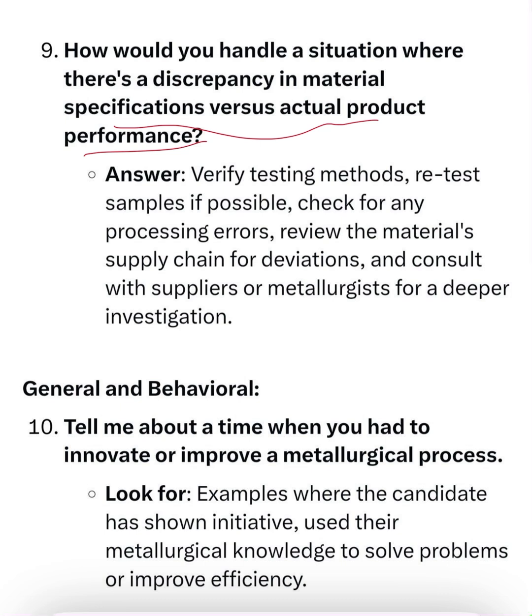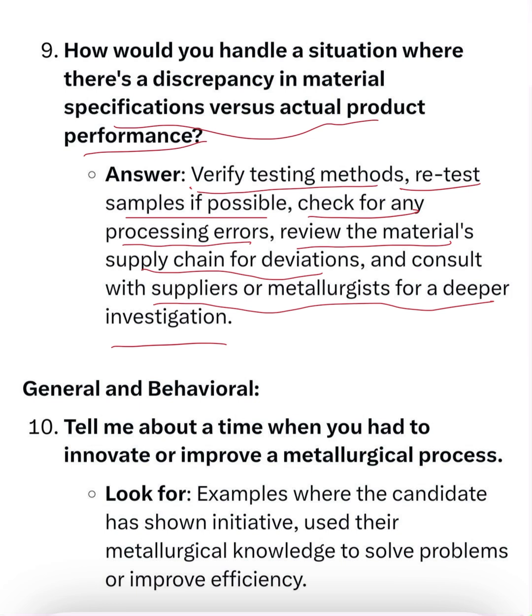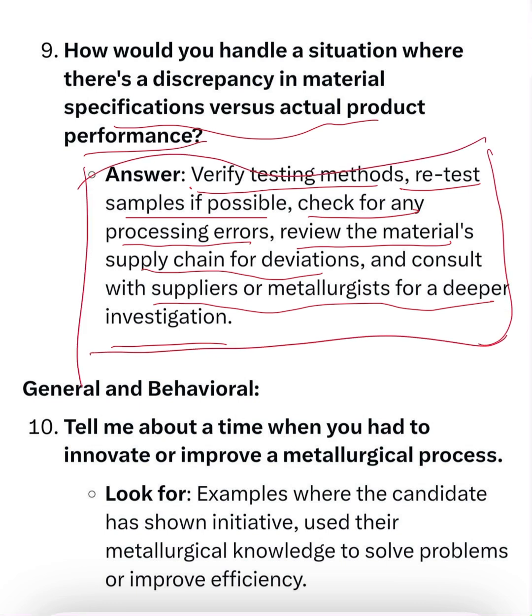First you need to verify the testing method, retest the sample if possible, check for any processing errors, review the material supply chain for deviations, and consult with suppliers or metallurgists for a deeper investigation. This is how you can solve this kind of problem.